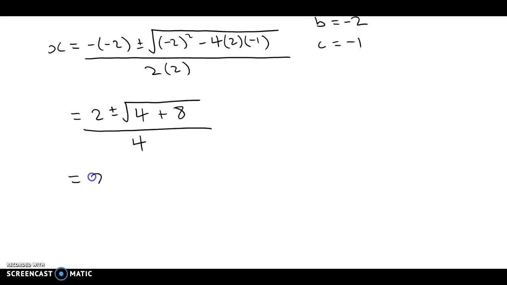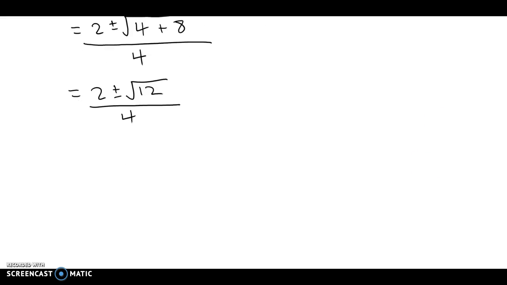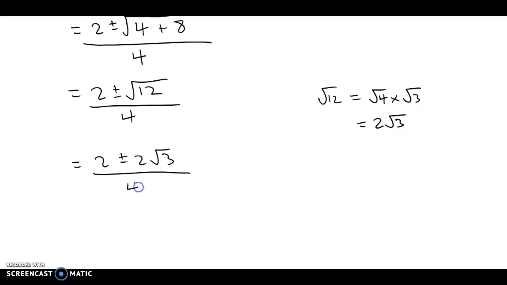So x is equal to 2 plus or minus the square root of 4 plus 8, which is 12, over 4. Now, we can simplify this root 12 using surds. Recall that root 12 is equal to root 4 times root 3, which equals 2 root 3. So let's make that 2 plus or minus 2 root 3 over 4.